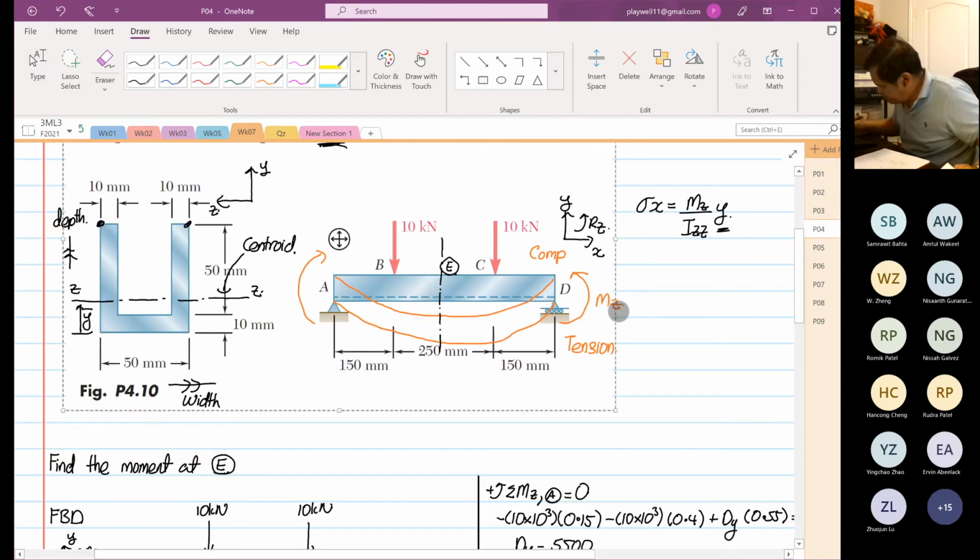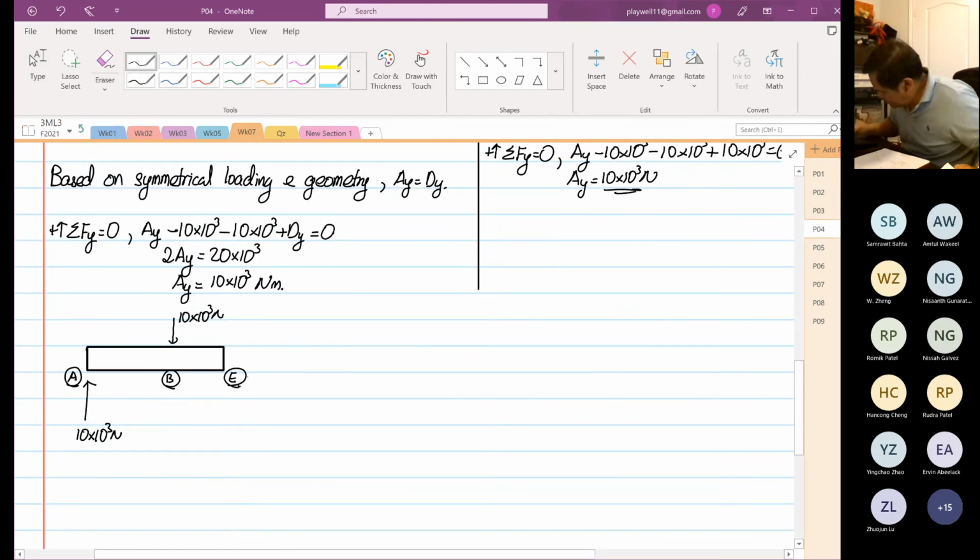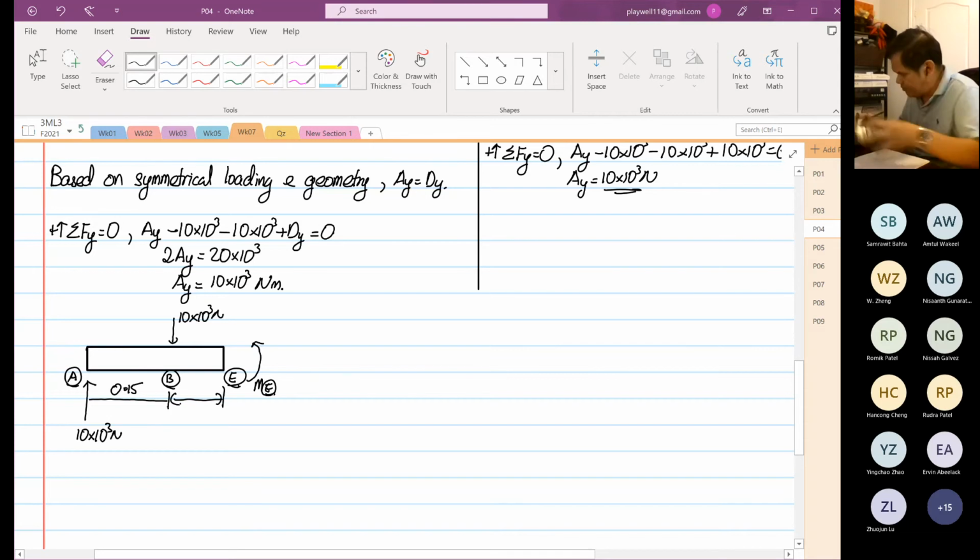So this is your moment at point E. Okay. So the distance from here to here is 0.15. And the distance from here to here is 250 divided by 2, which is 0.125. Okay. So from here you want to find the moment at point E.